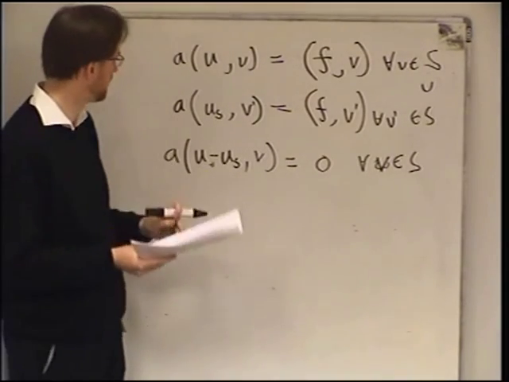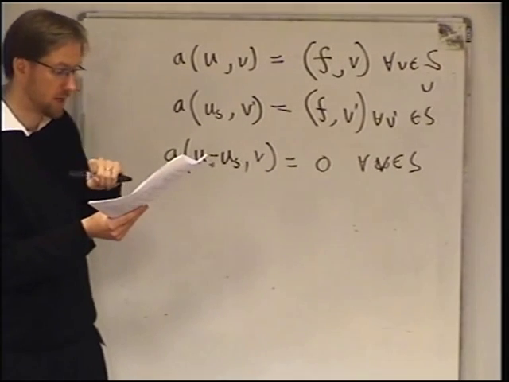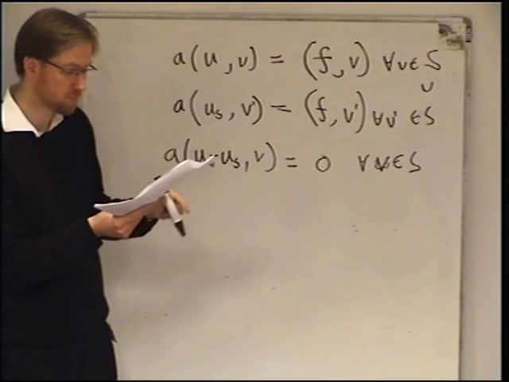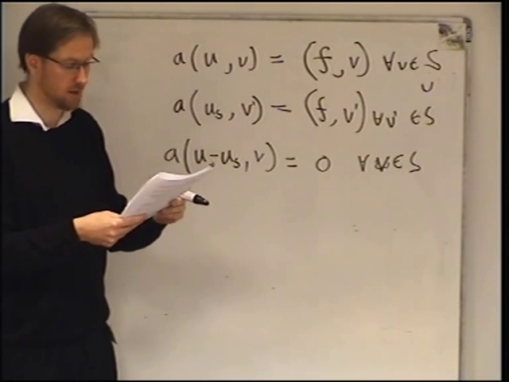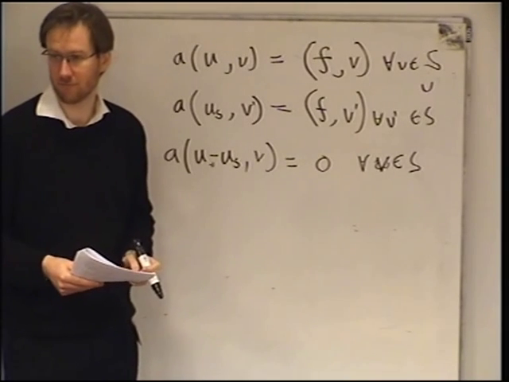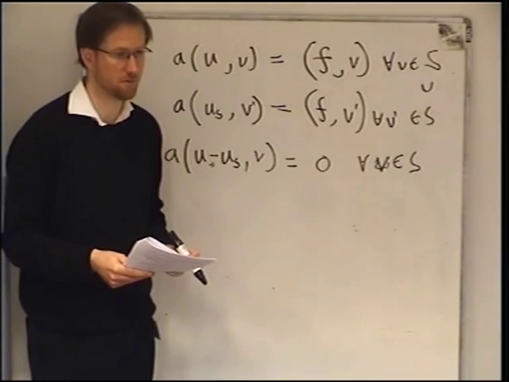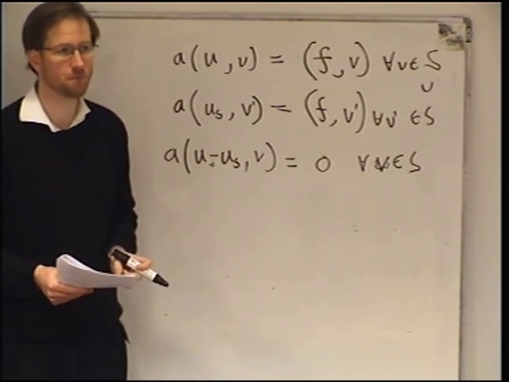Well, let's just jump back a little bit and ask ourselves a question about A. Is it the case that A is in fact an inner product? Well, A is definitely bilinear in its arguments. It's commutative. If I swap the two arguments of A, I get the same thing.